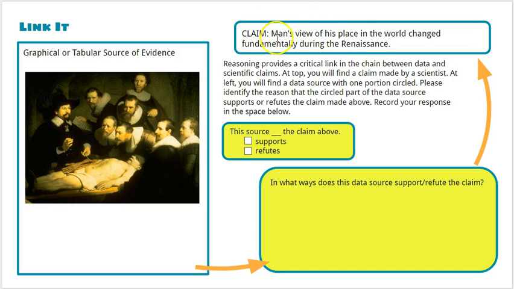In this case, the claim is man's view of his place in the world changed fundamentally during the Renaissance, not earth-shaking by any stretch. But it would be interesting to see what parts of this the students thought was important, and then why they thought so. I would like to see what they were able to come up with.